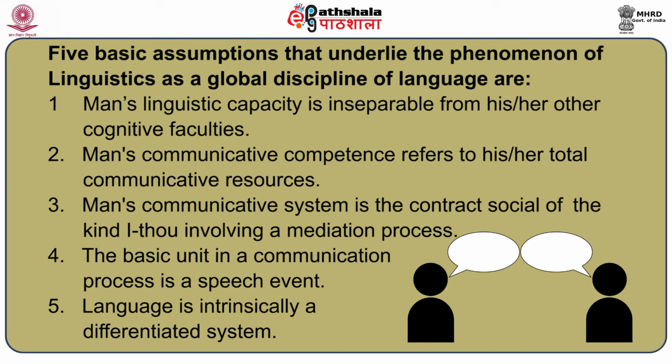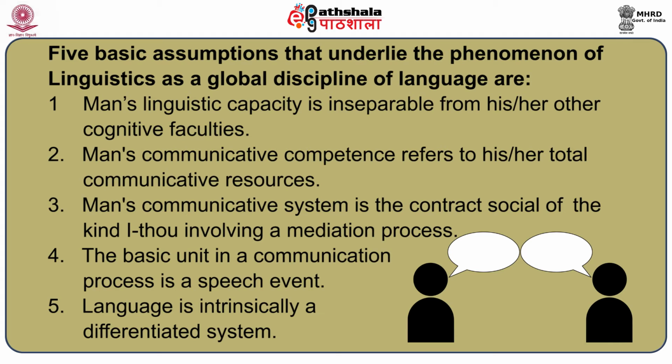In order to understand language in all its dynamism, five basic assumptions are being suggested. One, man's linguistic competence is inseparable from his cognitive faculties. Two, man's communicative competence refers to the totality of his communication resources.